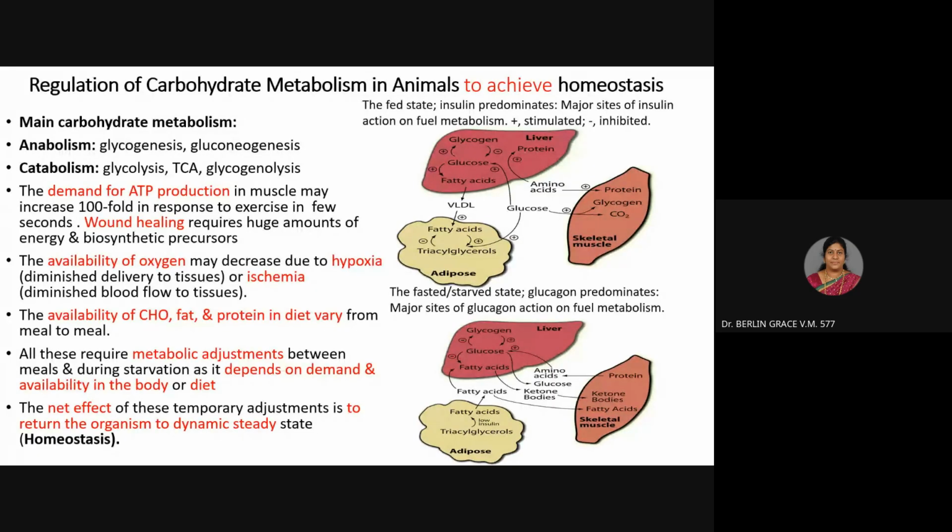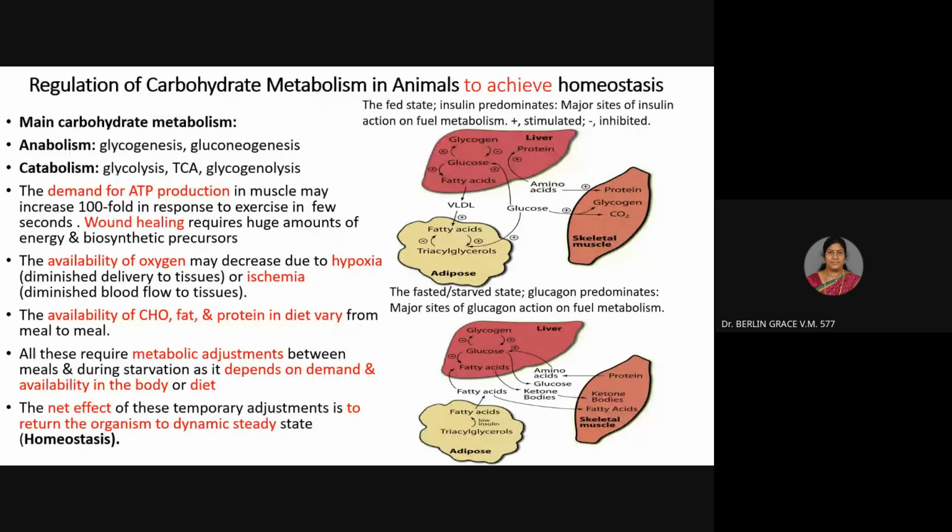And then the availability of carbohydrate, the source for the metabolism. If carbohydrate is not there, fat can be used. If that is also not there, protein can be used. So all these availabilities in the diet also influence the metabolic flux. They vary from meal to meal, and all these require metabolic adjustments.